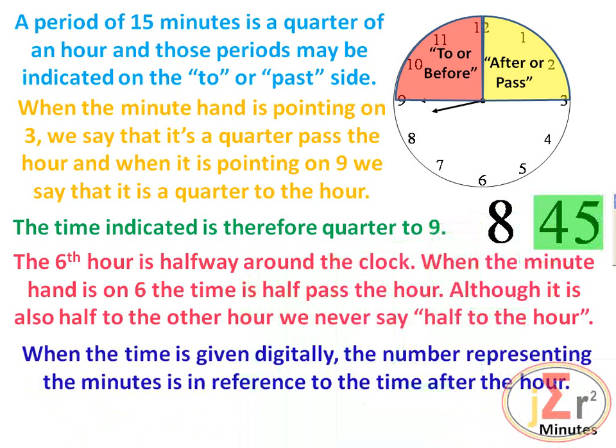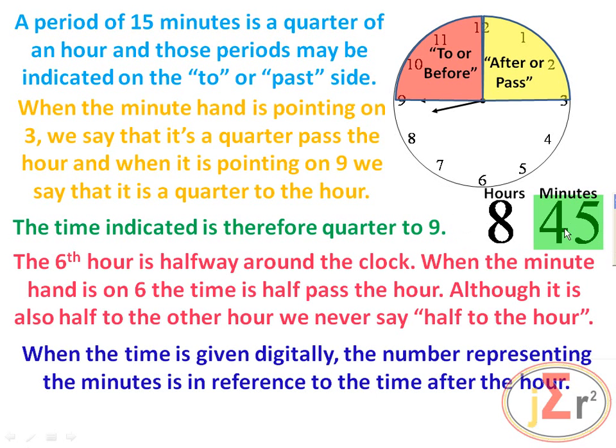When the time is given digitally, the number representing the minutes is in reference to the time after the hour. So when we have a digital display of the time, the minutes are usually in reference to the time after the hour. And of course, what we have is usually this indicator that is blinking all the time, separating the hours that are on the left hand side and the minutes that are on the right hand side.